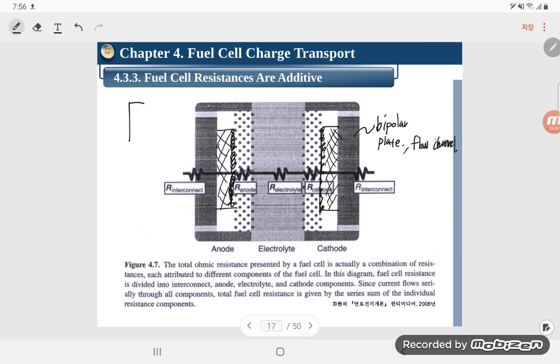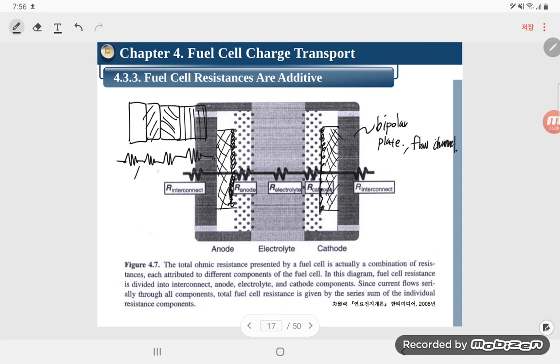If there is a membrane in here, and the catalyst layer, and the GDL, and the bipolar plate, then we just think about the electrolyte resistance and catalyst resistance, GDL resistance, and bipolar plate resistance.